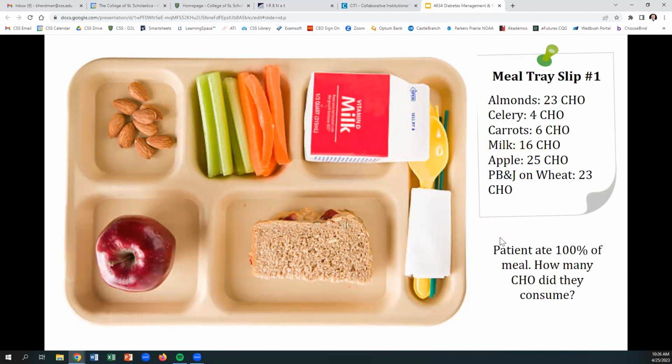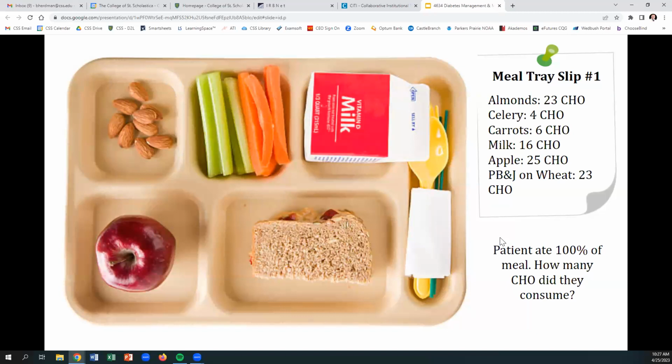So take a second and count up how many carbohydrates you think the patient ate. Okay, so hopefully you came up with about 97 carbs.